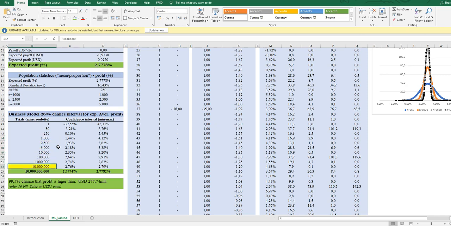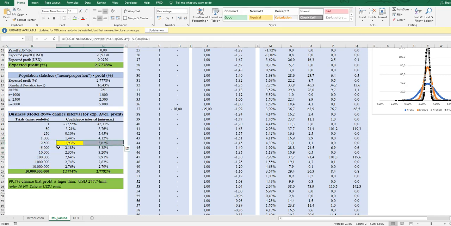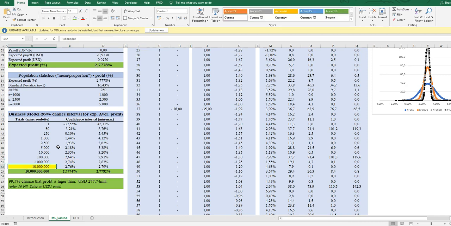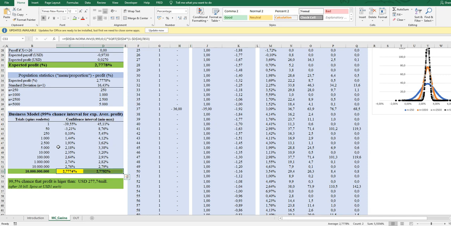If he spins further, you see how the interval collapses towards the mean. And here, after 10 billion spins, we have almost locked in with a 99% chance the 2.78. And this is the reason why people say that the casino in the long run is a sure thing.